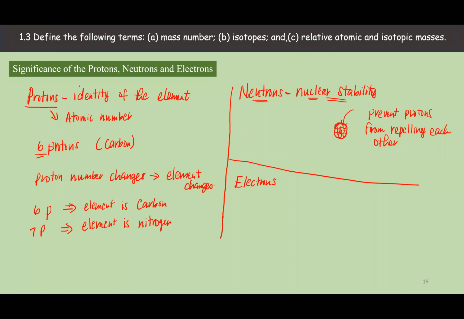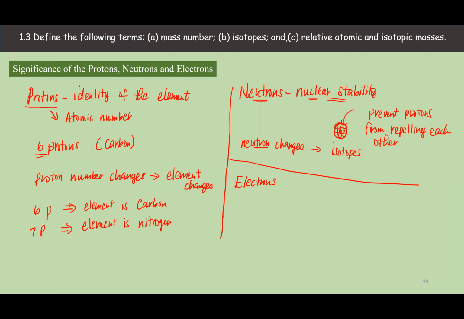What happens now if the neutron number changes, but not the protons? What do we get then? Would it be an isotope? That is correct. We have isotopes.